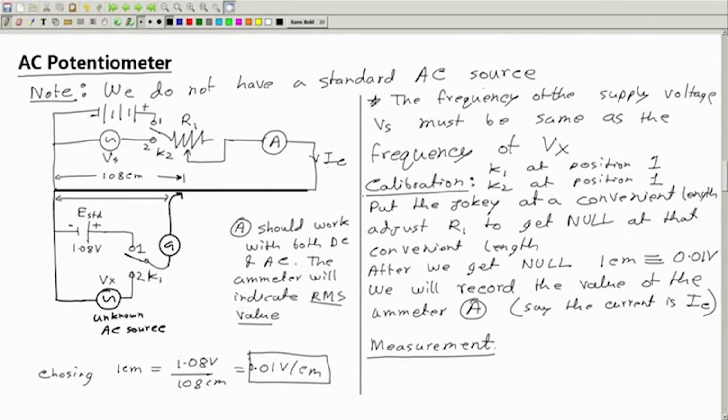Now in the measurement phase, of course we have to go to the unknown source. So switch K1 has to be moved to position 2, and now this is AC, so here we also need an AC, so K2 also will be moved to position 2. Okay, so this is the measurement phase.